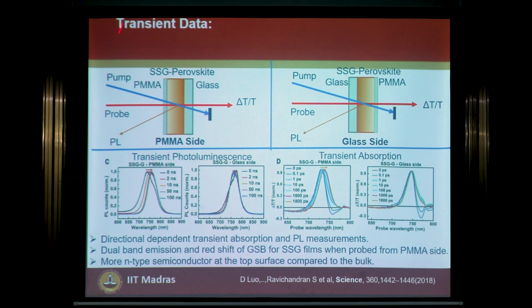Similarly, the transient absorption has also been carried out, but this is in a transmission mode. We see a similar trend for this system. When pumping from the PMMA side, we clearly see a redshift across up to 1.8 nanosecond.